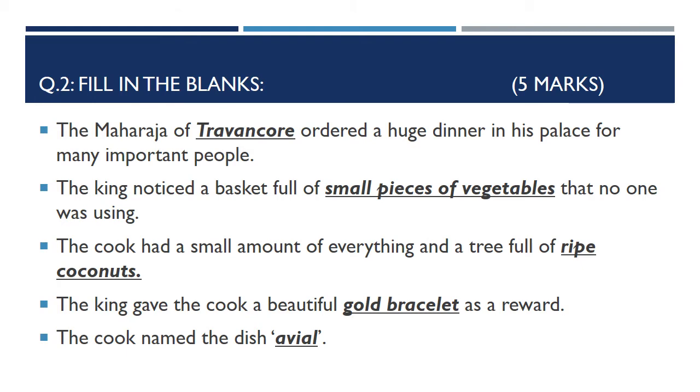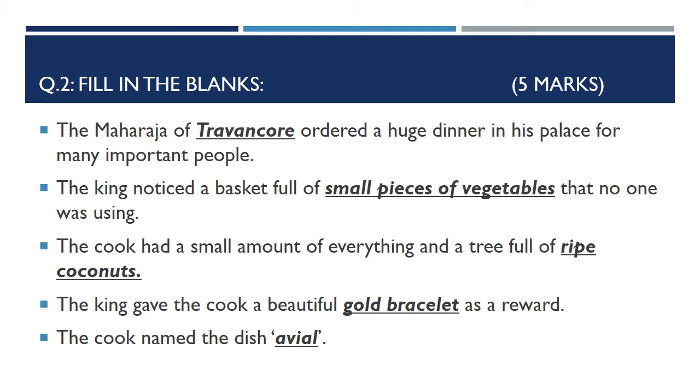Question 2 will be fill in the blanks for 5 marks. Now students, these are the blanks given, but do not just mark this up. Read the stories again and I'll be asking blanks on my own. The Maharaja of Travancore ordered a huge dinner in his palace for many important people.